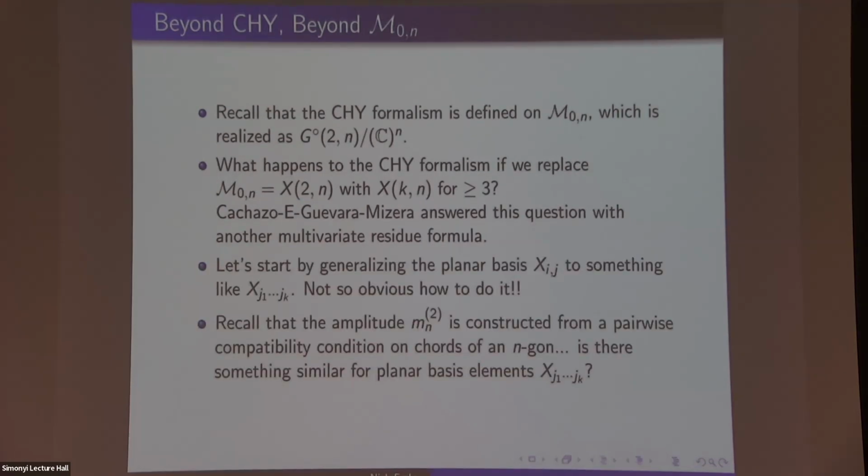Okay, so on the note of combinatorics, we had our planar basis of X_ij's. Well, we'd like to generalize that to some notion of X sub a k-element subset, such that each one of them characterizes a pole of the amplitude, and there should be some analog of the crossing chords construction, right?